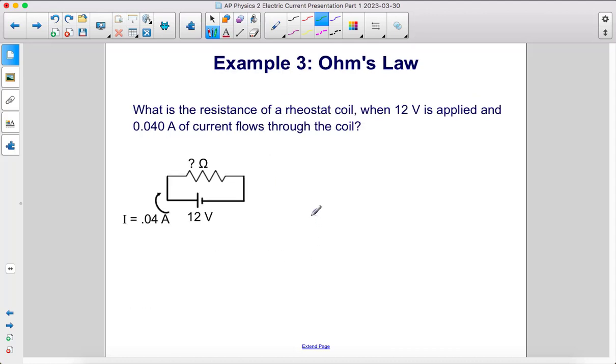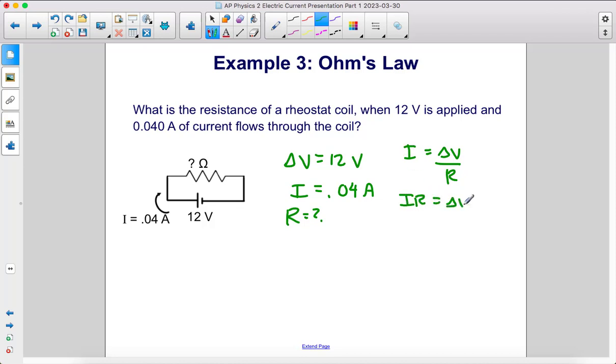What is the resistance of a rheostat coil when 12 volts is applied and 0.04 amps of current flows through the coil? So what is resistance? Well, we start with Ohm's law and solve for R. So first we're going to cross multiply to get the R into the numerator over here.